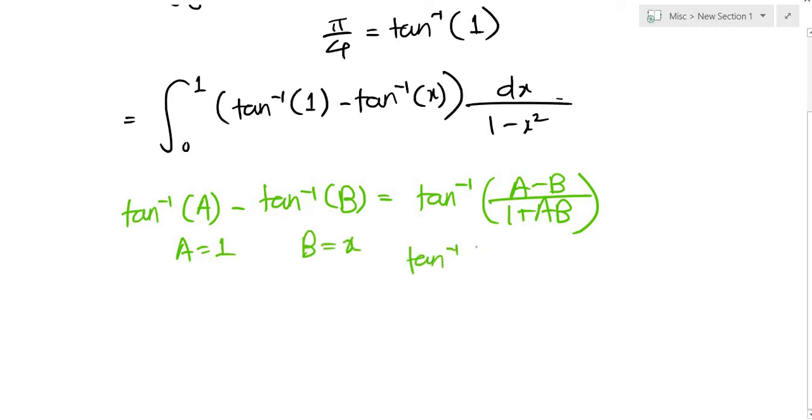So we'll just have the inverse tangent of 1 minus x divided by 1 plus, a is 1 and b is x, so 1 times x is nothing but x.